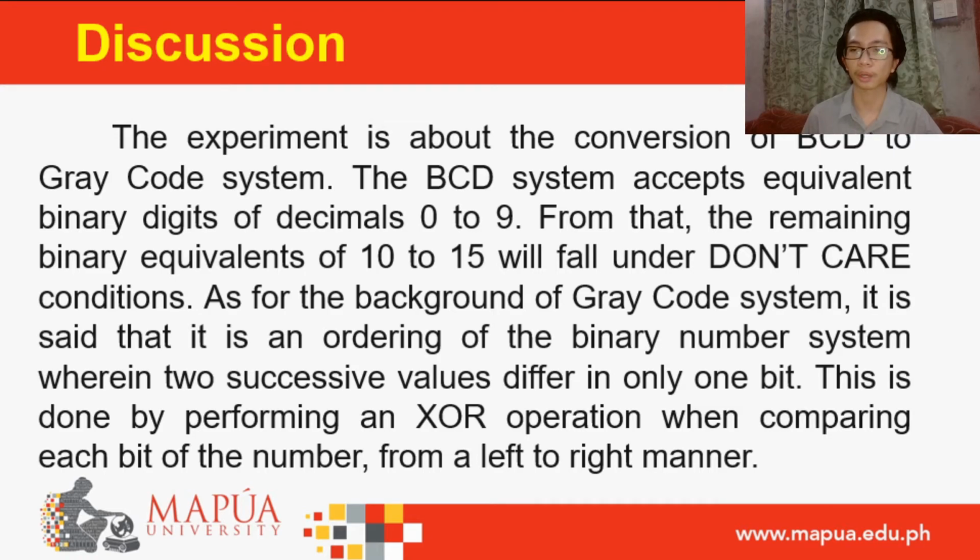As for the background of the gray code system, it is an ordering of the binary number system wherein two successive values differ in only one bit. This is done by performing an XOR operation when comparing each bit of the number in a left to right manner.